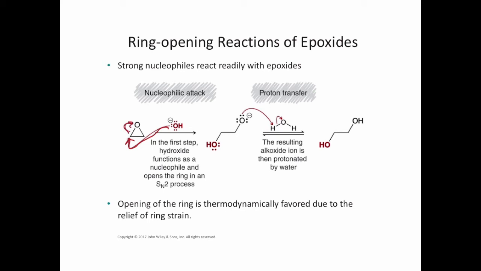And then in a subsequent step, we can protonate the formed O- to form this diol product. And the driving force for all of these reactions where we have nucleophiles attacking epoxides is the relief of ring strain, because a three-membered ring is quite strained.